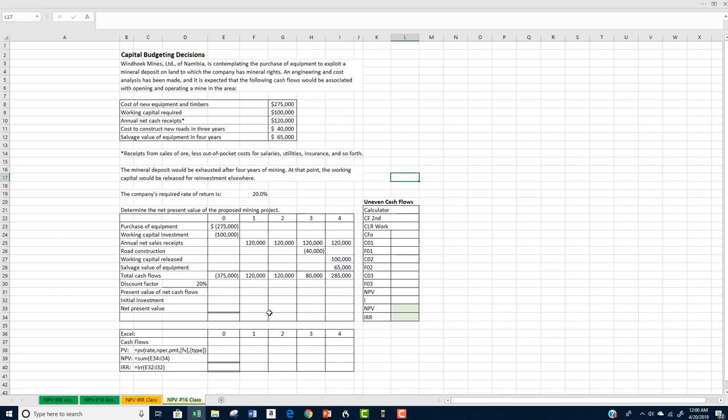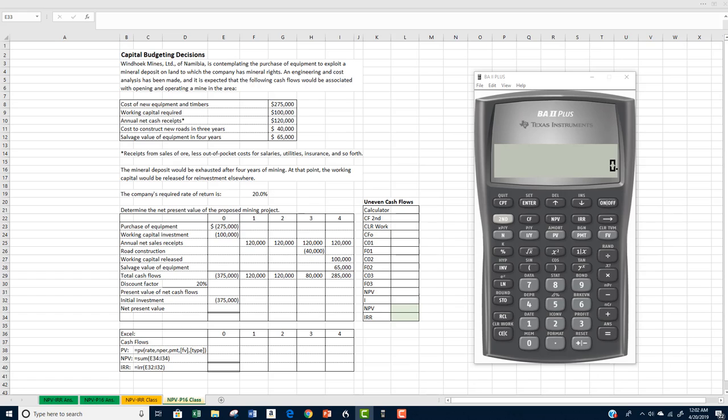Subtract the present value of the net cash flows from the initial investment to get the NPV. Because the initial investment takes place in time 0, the $375,000 is the present value of the investment.